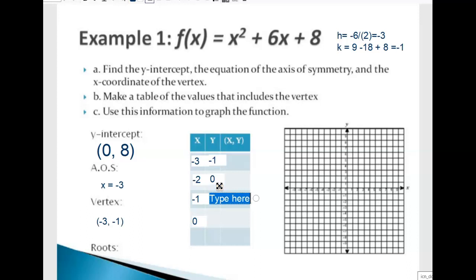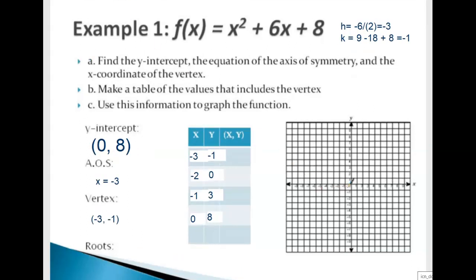And 4 minus 1 is 3. And then it goes 0, 1, 2, 3. This goes 0, 1, 4, 9. So it'd be 9 times 1, which is 9, minus 1, which is 8. And we can see my y-intercept is in my table.